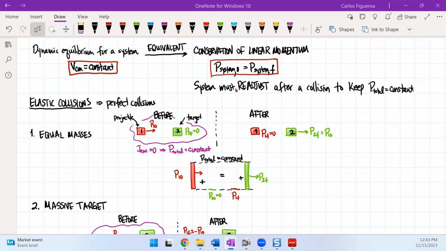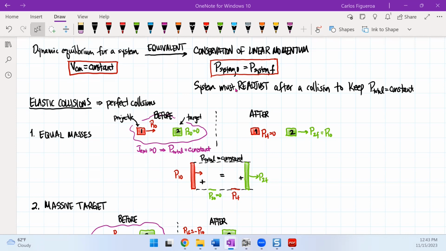When we looked at elastic collisions, we said that they were perfect collisions, that there's no heat generated or sound generated or light generated. There's nothing. All of the momentum stays with the motion here, as well as the energy.